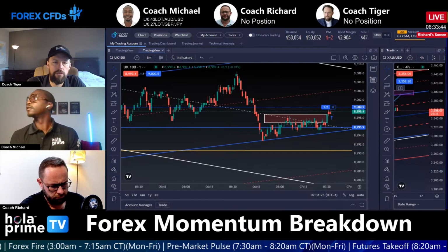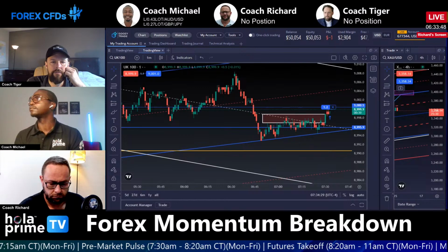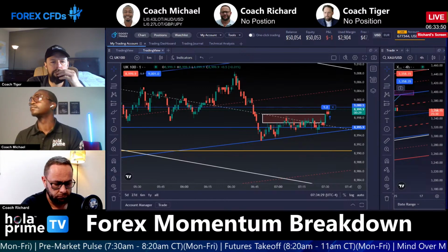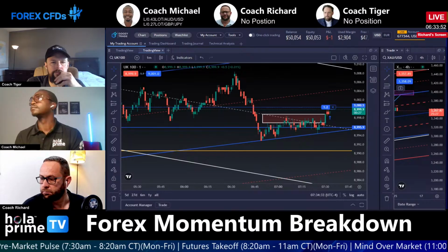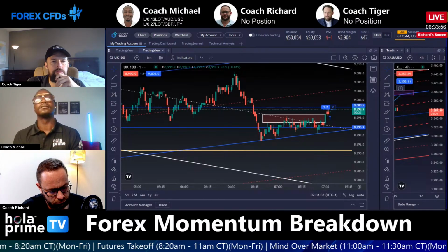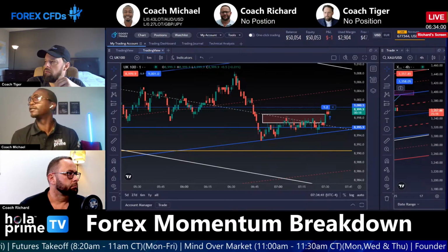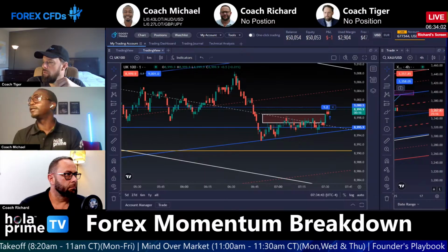US dollar edges lower ahead of CPI, according to FX Street. Yep, that's what my AUD USD trade is slowly doing, coming on back.